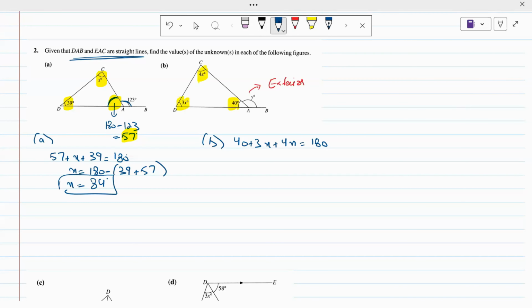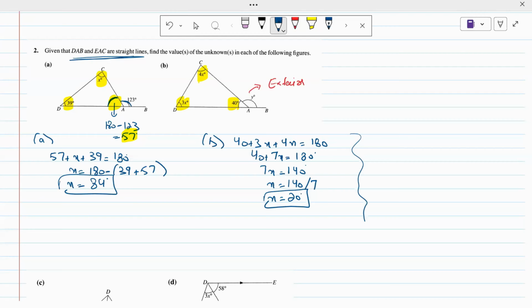So 40 plus 7x is equal to 180. 7x is equal to 180 minus 40, that's 140. X is equal to 140 upon 7, which is 20 degrees. So this is how we have found the value of x as 20.